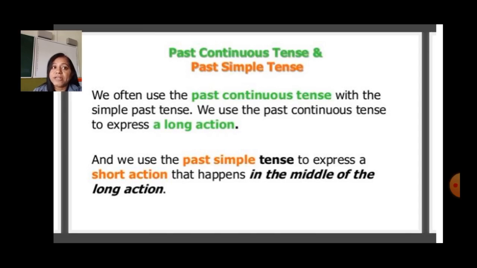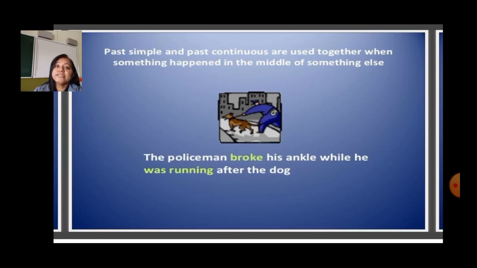We often use the past continuous tense with the simple past tense. So, most probably, in every past continuous sentence, we use the simple past also. We use the past continuous tense to express the long action, and we use the simple past tense to express a short action that happens in the middle of the long action. Past simple and past continuous are used together when something happened in the middle of something else.